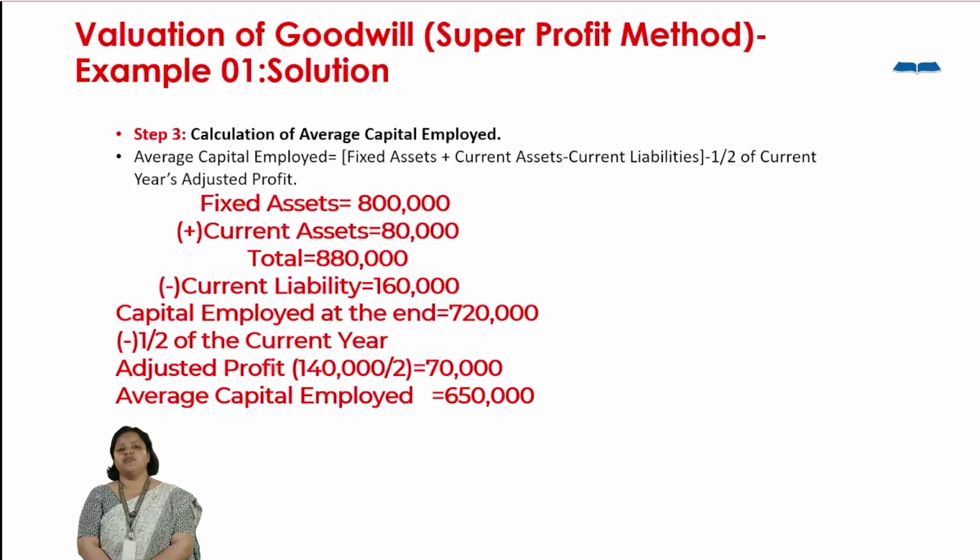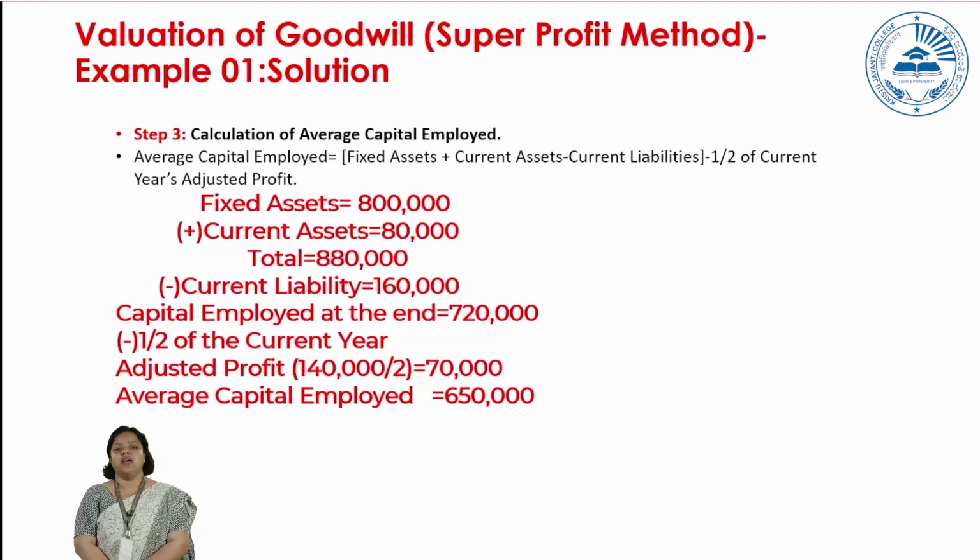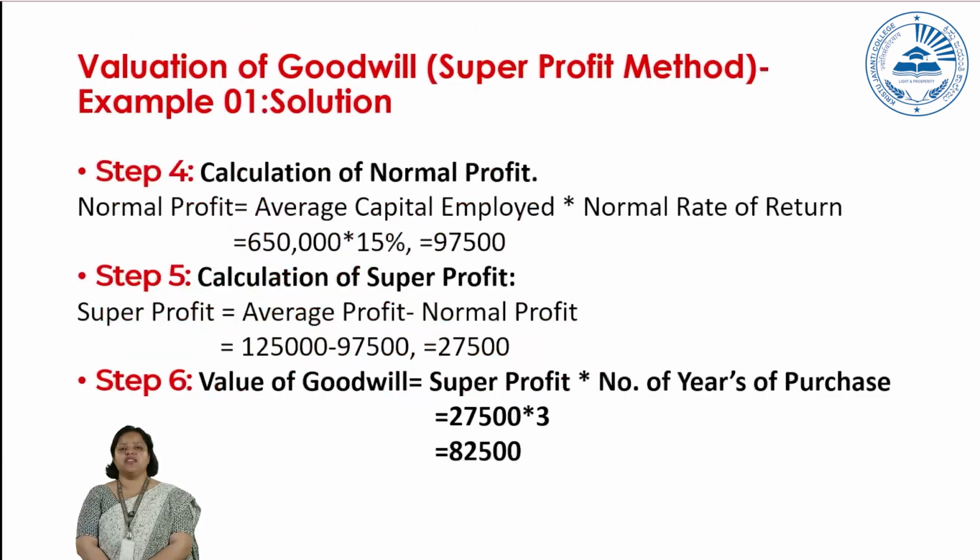So I have deducted half of the current year's profit: 1,40,000 divided by 2 is 70,000. So 7,20,000 total capital employed minus half of the current year's adjusted profit 70,000. We got average capital employed of 6,50,000. This is the answer for step 3. Now we can proceed to step 4.